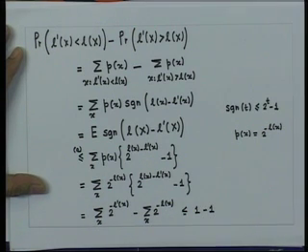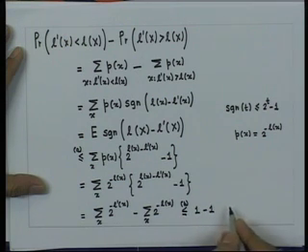So, the summation again is equal to 1. Let me call this relationship B. So, this quantity here is going to be less than or equal to 1 minus 1, and this is equal to 0.